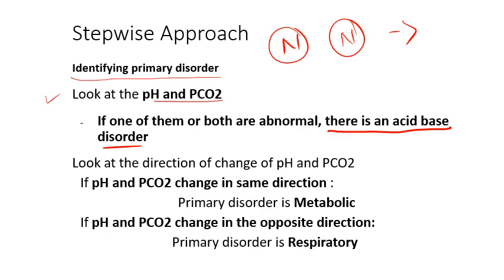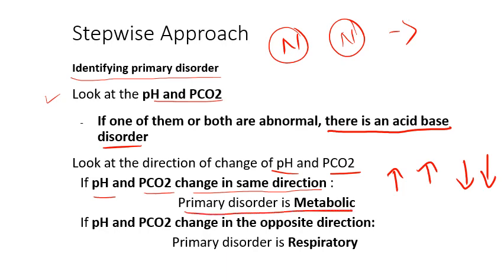Once you have seen that one of them is abnormal, you should see the direction of change of pH and PCO2. If pH and PCO2 change in the same direction, that is if pH increases and PCO2 increases, or if pH decreases and PCO2 decreases, the primary disorder is metabolic.